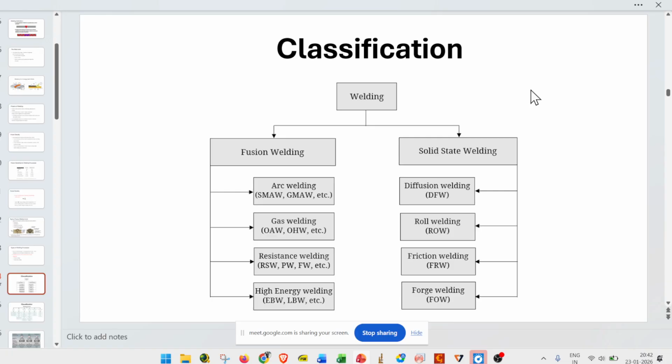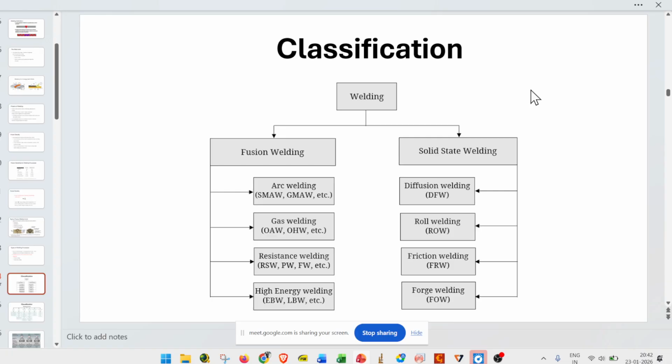Once the current passes from one electrode to the other through this workpiece, because of the material property of resistance, every material has a certain resistance to transferring electricity through it. Because of that resistance, heat will be generated. That heat we will use to join the material.